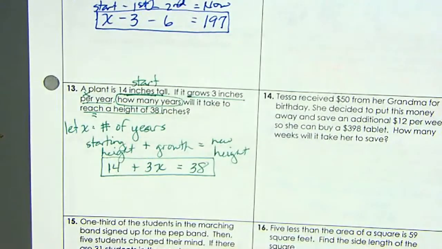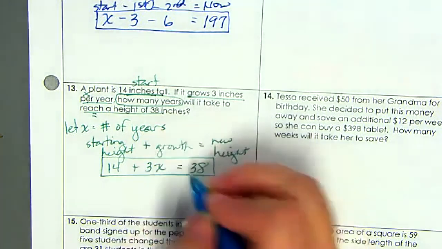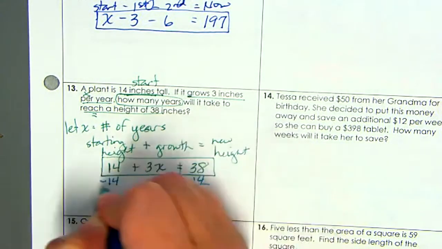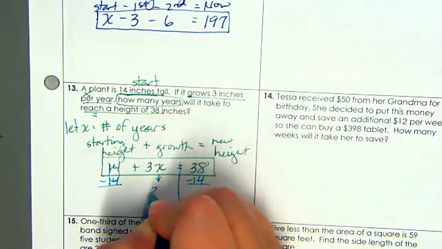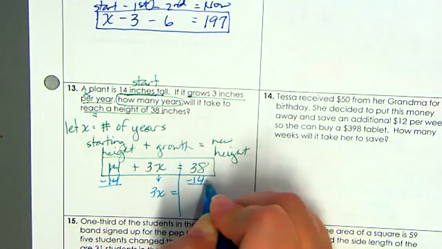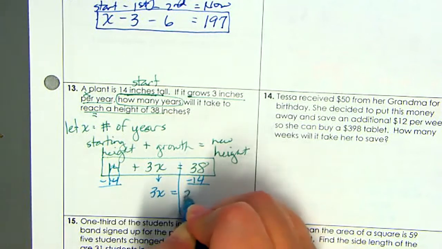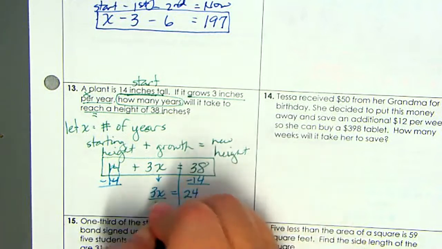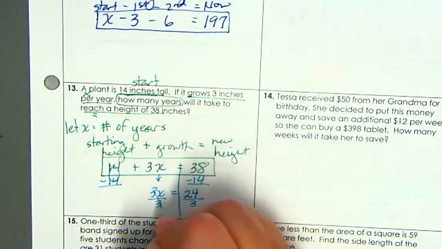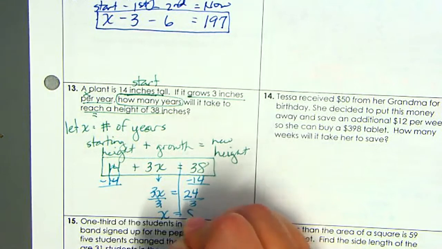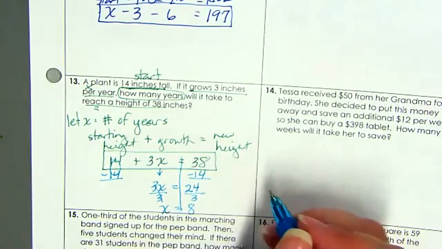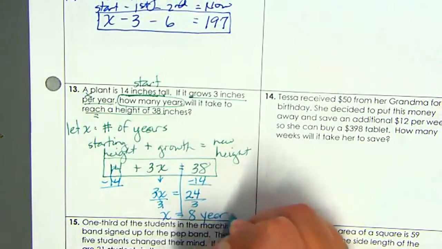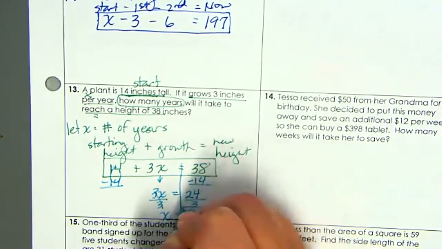Now you would solve this just like any other equation. I'm going to subtract 14, bring down the 3x, and I have 3x equals 24. Divide by 3, and x equals 8. Now I've got to think about what I'm looking for. I'm looking for how many years. So what does this 8 represent? 8 years. There's my answer.